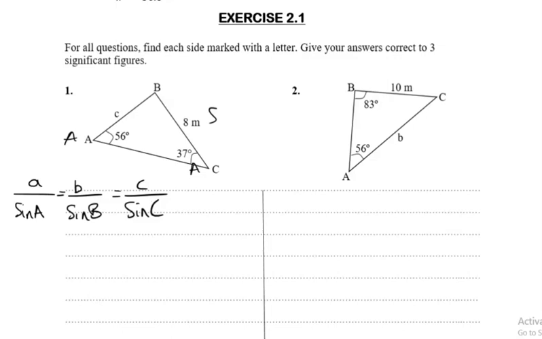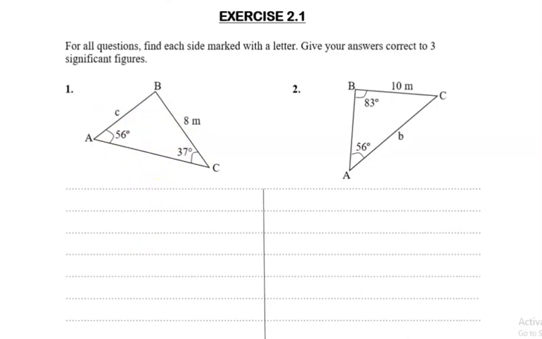So if this is angle A, this is going to be lowercase a because it's opposite it. If this is C, this is lowercase c. This is B, this is going to be lowercase b because it's opposite. So these two are paired up, these two are paired up, and these two are paired up.